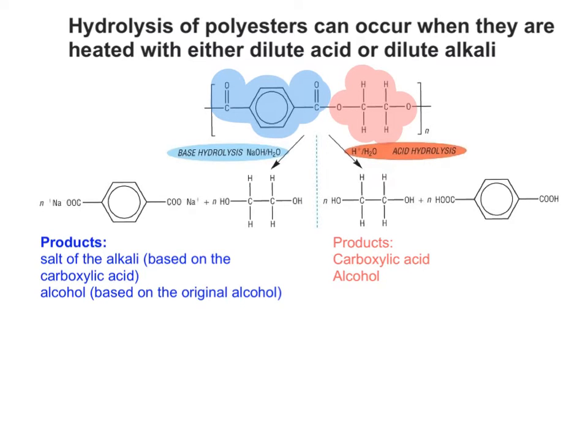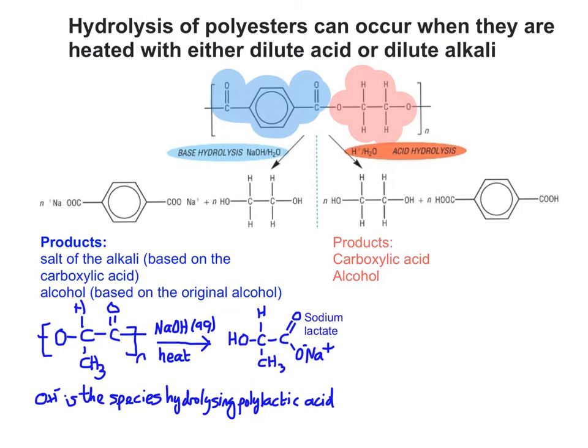Let's have a look at what lactic acid might do if it's hydrolyzed with an alkali, with a base. So if we were to apply this to something like polylactic acid, the OH- of the sodium hydroxide would be the species hydrolyzing the polylactic acid.